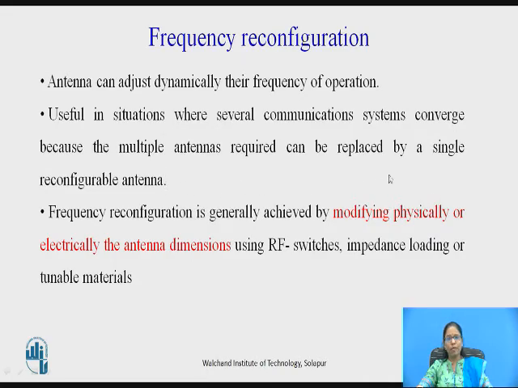Frequency reconfiguration is achieved by modifying physically or electrically the antenna dimensions, by using RF switches, impedance matching or tunable materials. But this is in a reversible manner. Remember, it is not a permanent kind of dimension change. It is a reversible and controlled way.